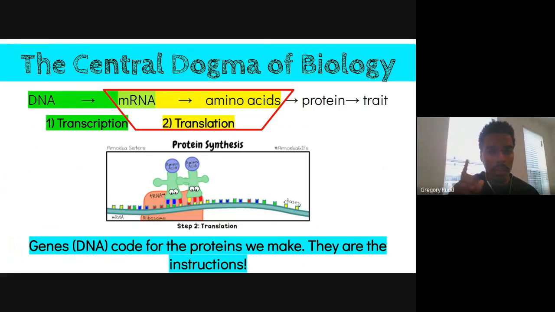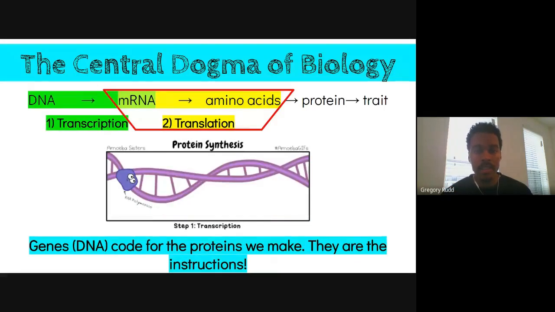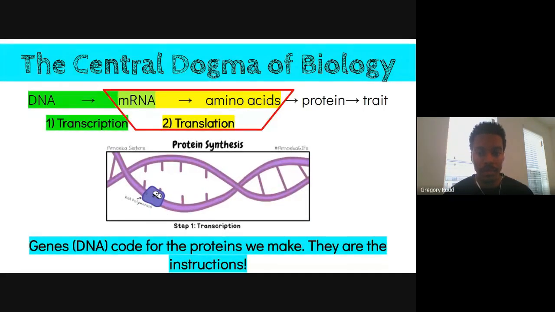So yesterday we talked about the process of going from DNA to mRNA, and that process is called transcription. Today we're talking about going from mRNA to amino acids, which is a process called translation.